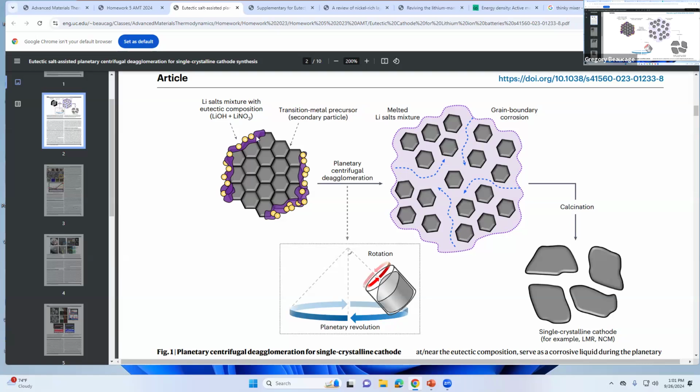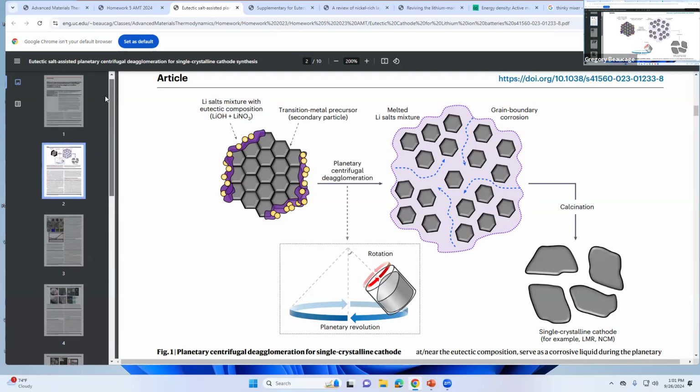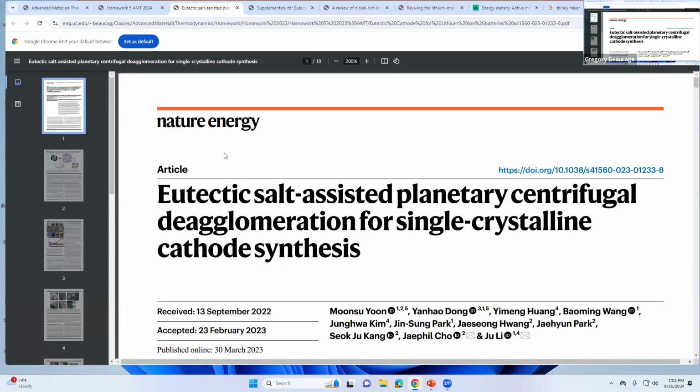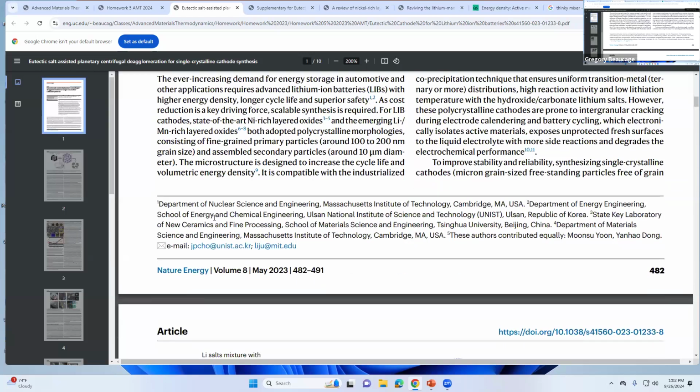Right. So they say, this is like MIT or something. Otherwise, this would never be in Nature, I think. It's kind of weird because it's just a processing technique. These guys are in nuclear engineering at MIT, and then Ulsan National Institute. I don't know where that is. Oh, here, Korea. Okay.